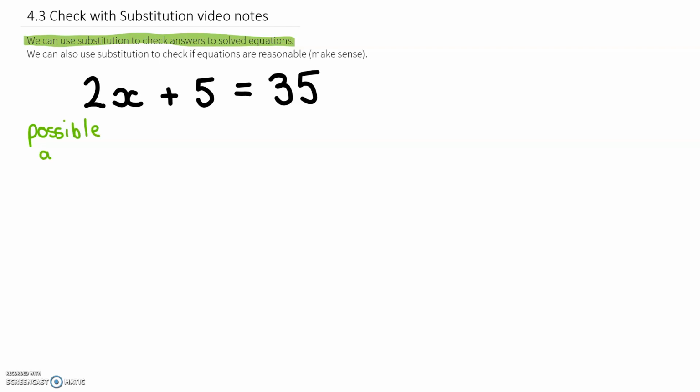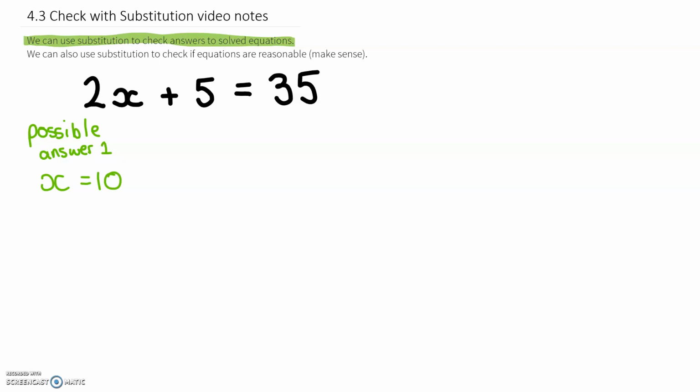And I'm going to use a couple of different examples. This first one, let's say we've got this equation here. And we've got two different possible answers for this equation. So possible answer 1 is x equals 10.